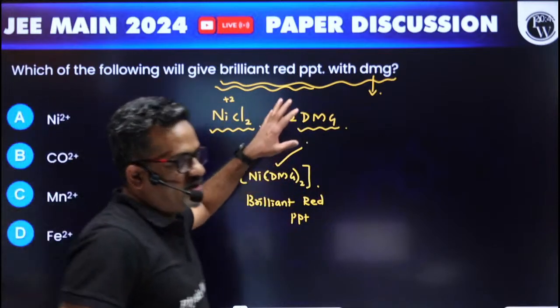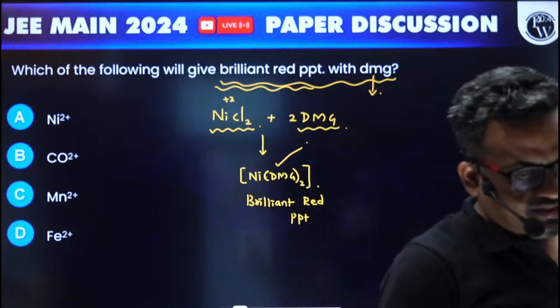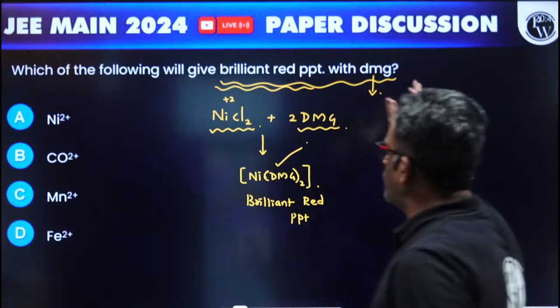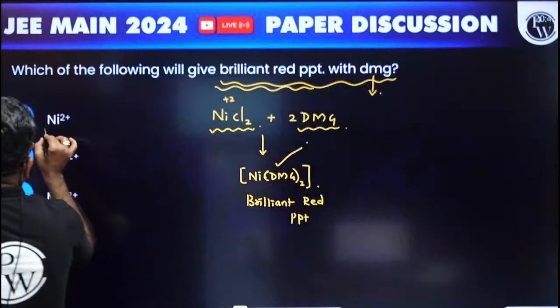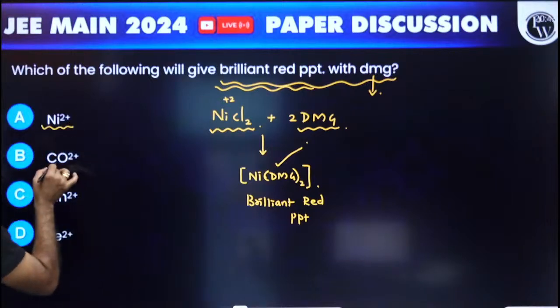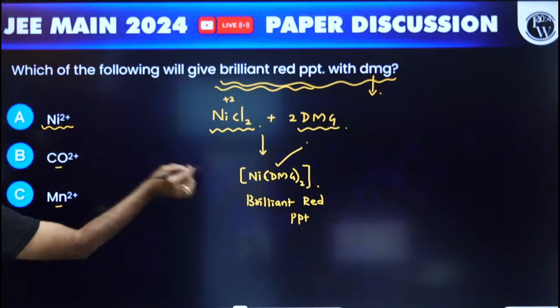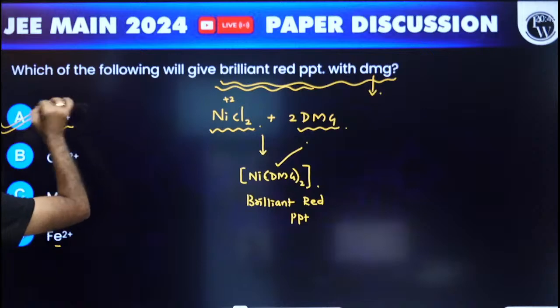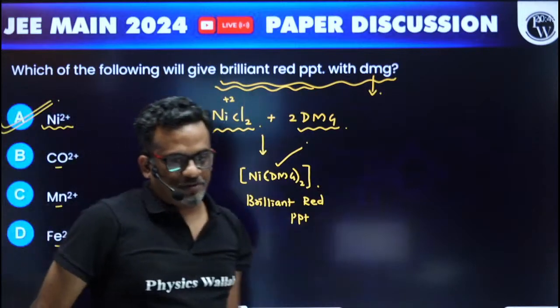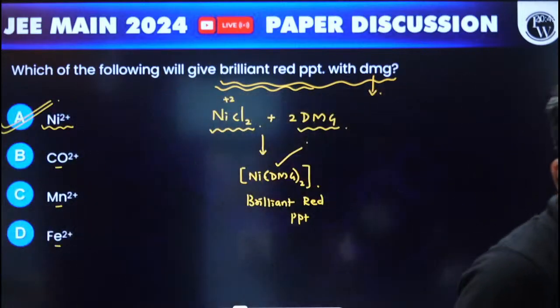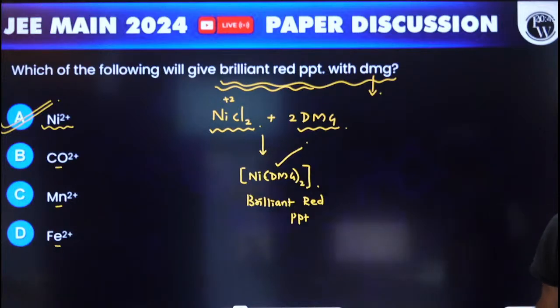Dimethyl glyoxime is a particular bidentate ligand which will form a complex particularly with nickel. It may form a complex with others also, but you don't get that red color. That brilliant red color complex compound is obtained with nickel and DMG. Got it?